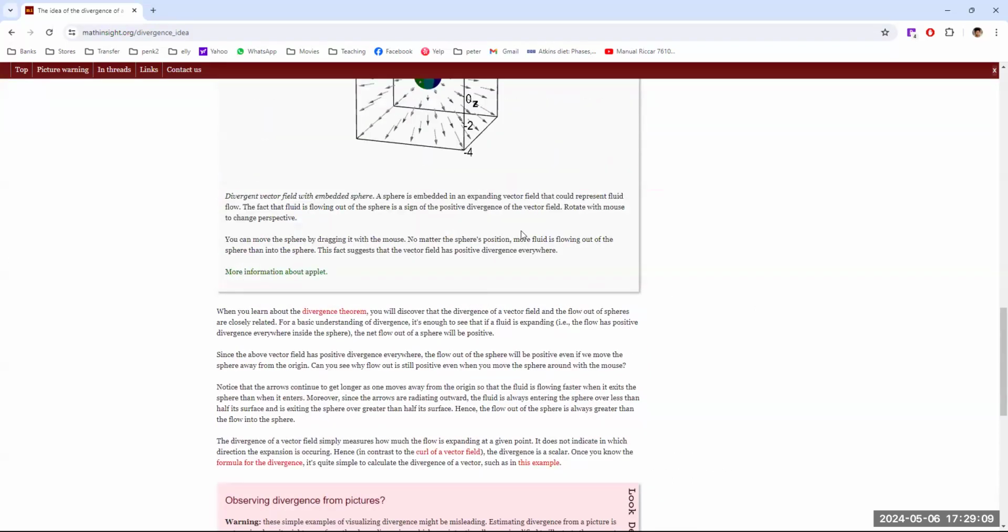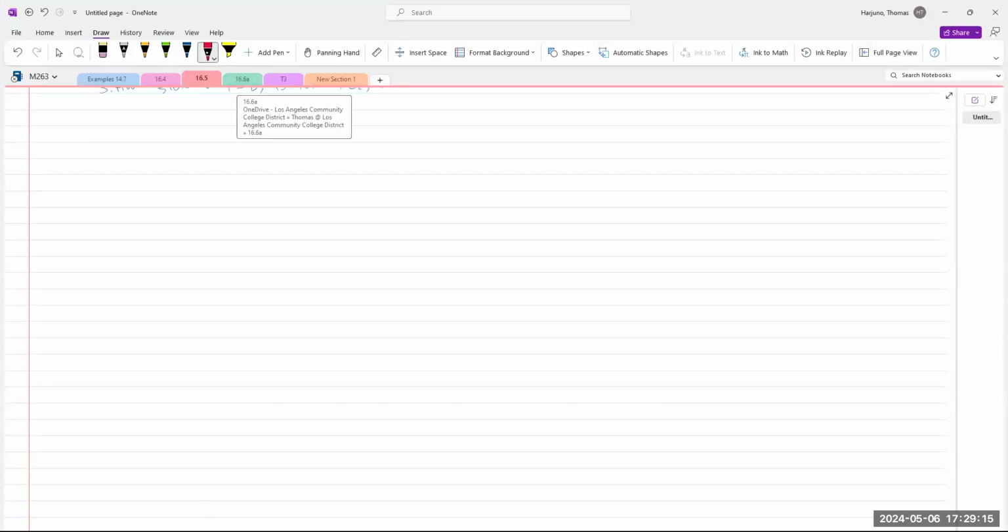If we go back to our picture here, let's say you have a vector field like this. It gets bigger and bigger as it goes away from this point here. It gets stronger and stronger.